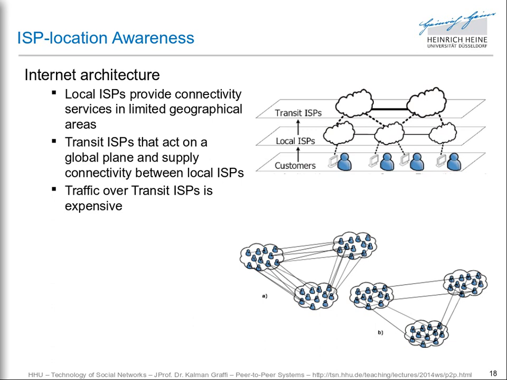So it's cheap for an ISP to hold the traffic inside its network. Okay, for this reason we might have preferable contact to peers from the same ISP, for example, Telecom.